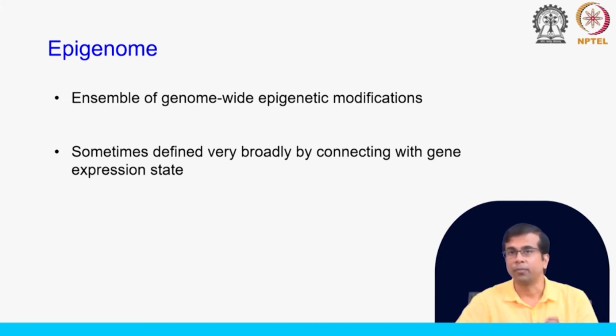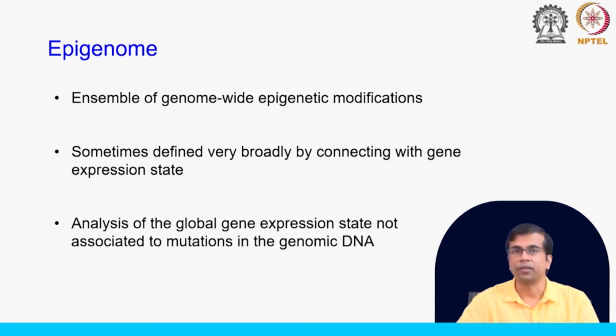By looking at the epigenetic modifications, you can sometimes say which gene will be expressed at a high level or which gene will not be expressed. And we can actually study these connections if we look at the epigenomic data and transcriptomic data from the same cells. So, that is why the epigenome is connected with gene expression state, and it can be simply the global gene expression state that is not associated with mutations in the genome.